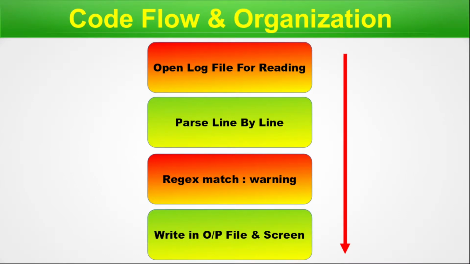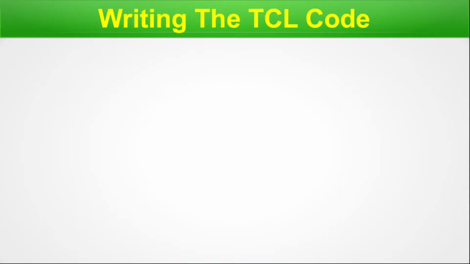And finally, whatever we get in this process, we will output on the screen, that is in the terminal, as well as dump the details in another log file, which is different from the input log file, that is an output log file, where we are filtering the warning messages only. This way, our flowchart is working for the code. Now we are done with this slide. So let's move on to the next slide.